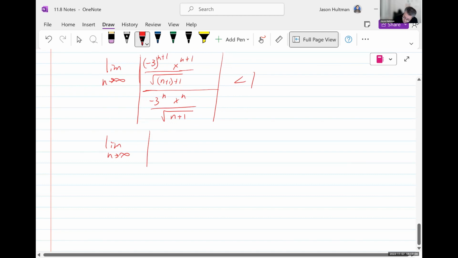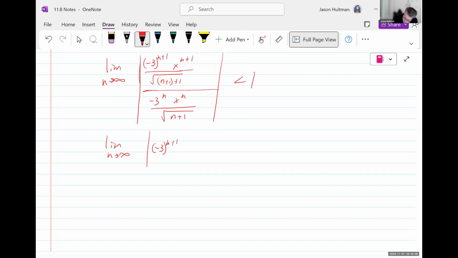Okay, and so this becomes (-3)^(n+1) x^(n+1) over the square root of n plus 2, times the square root of n plus 1, all over (-3)^n x^n. This should be in parentheses. Okay, good.